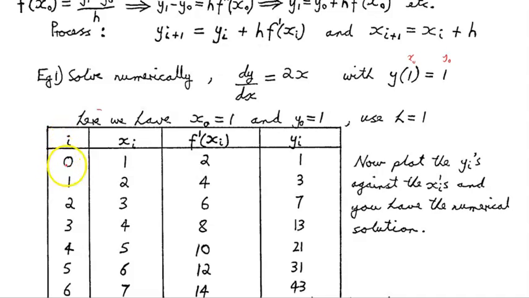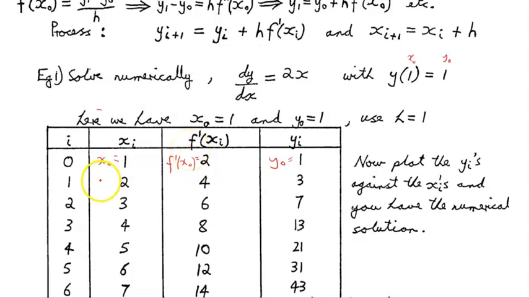All right, now here we go. i is 0, so this one is x0. Okay, this is y0. We're told that. We've given that before. And here, f dash of xi, this is f dash of x0. Okay, x0 is 1. Put 1 in there. 2 ones are 2. So, all right.